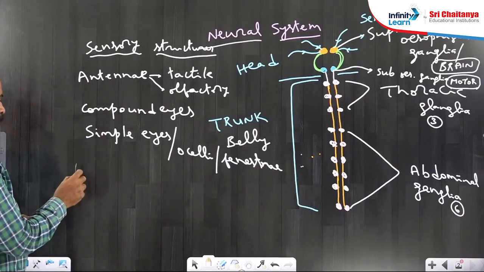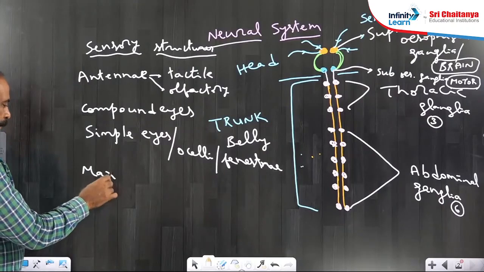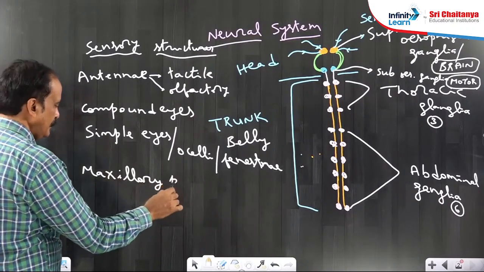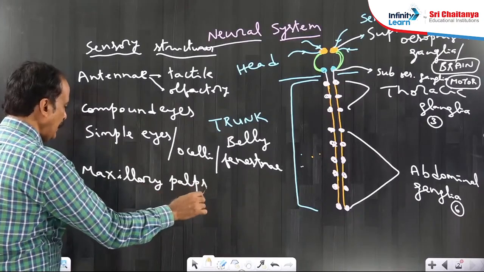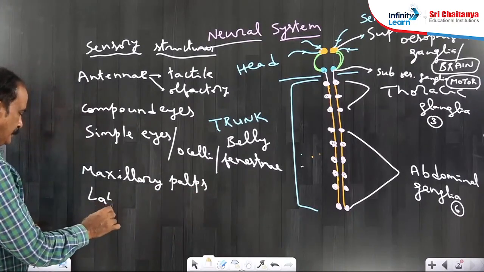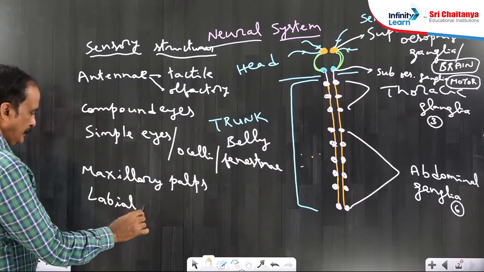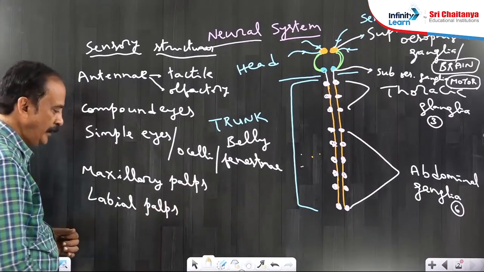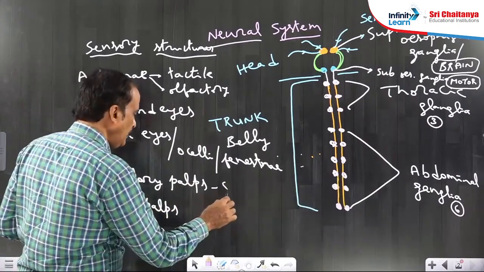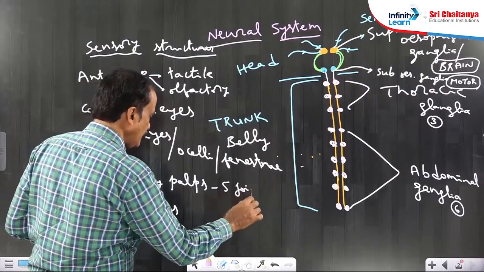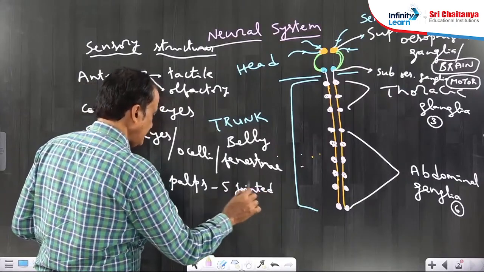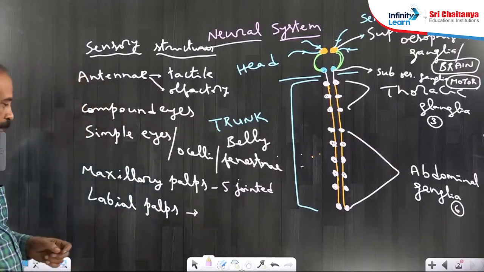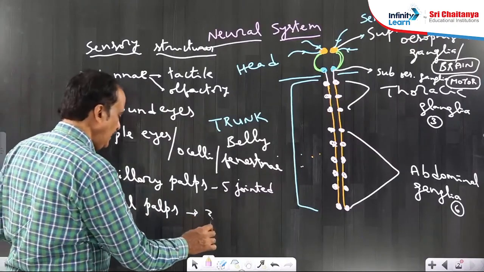Cockroach is provided with maxillary palps and labial palps. Maxilla has a 5-jointed structure. This is provided with 5 joints, whereas labium or the lower lip also has a palp having 3 joints.